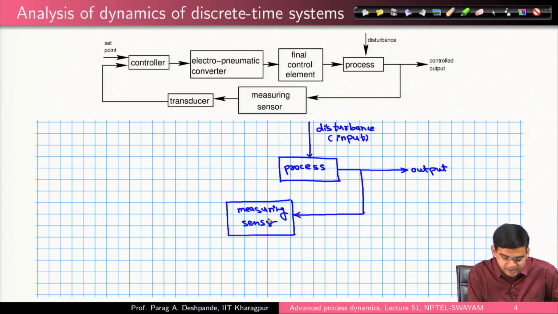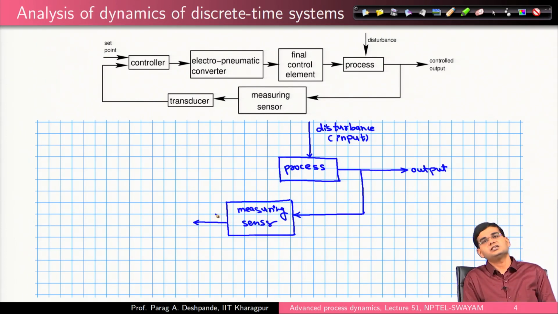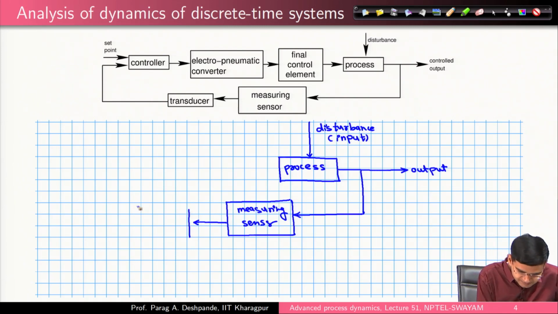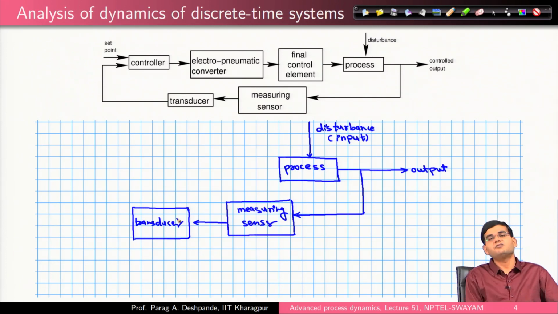So, therefore, you need a transducer. What is a transducer? The transducer is an instrument which converts one type of signal to the other type of signal, pneumatic to electrical, electrical to pneumatic, and so on. So, therefore, you need a transducer. In our current example, the signal which is generated is the EMF generated by the thermocouple.